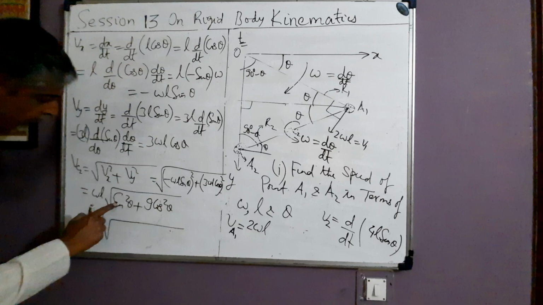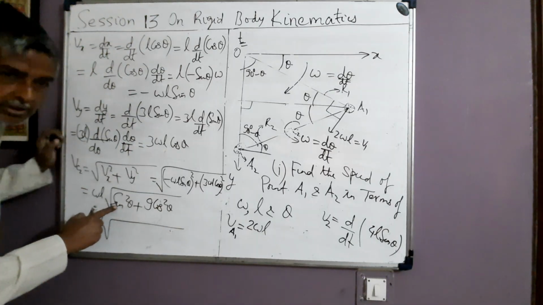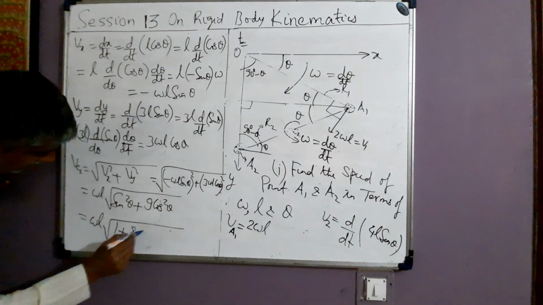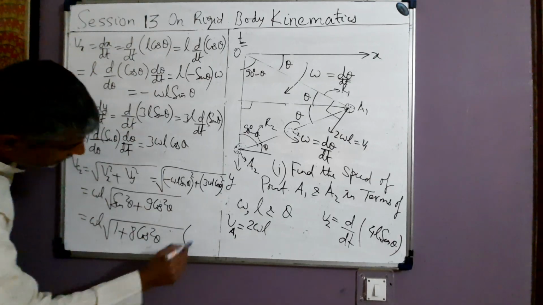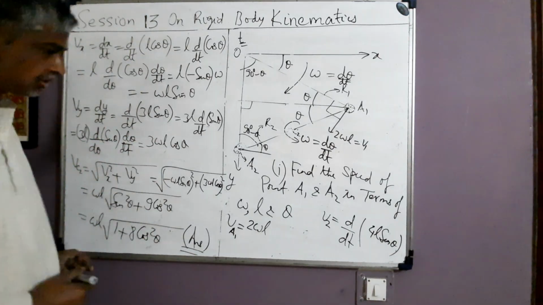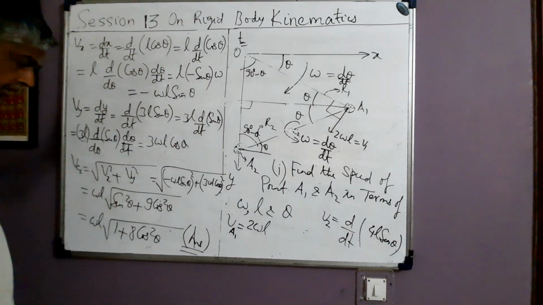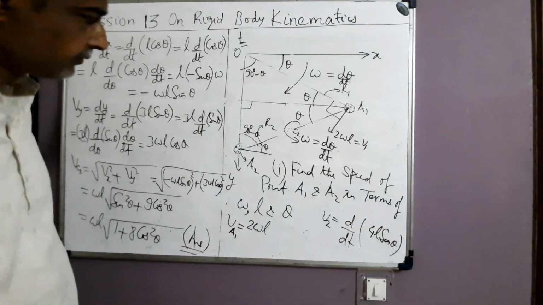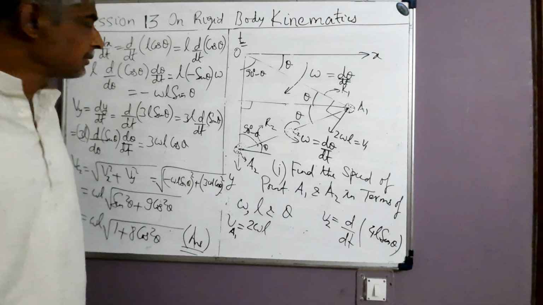Simplifying it, if you write sin square theta as 1 minus cos square theta, then this becomes 1 plus 8 cos square theta. This is the answer to the first part of the question. Second part of the question by method of coordinates. So this was solved by method 2.